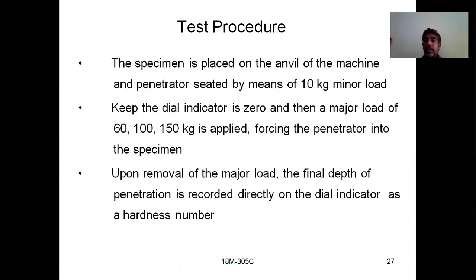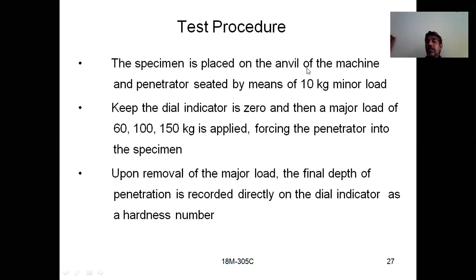So to avoid incorrectness in the calculations, we first apply a minor load which makes the indenter penetrate to some extent and seat into the specimen. So first you have to clean the specimen and keep it onto the anvil and rotate it in such a way that it touches the indenter, and later you have to apply a minor load of 10 kg.